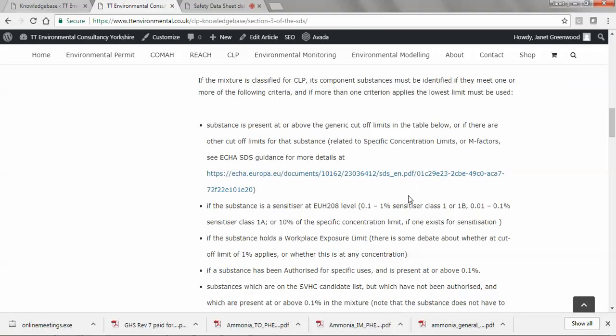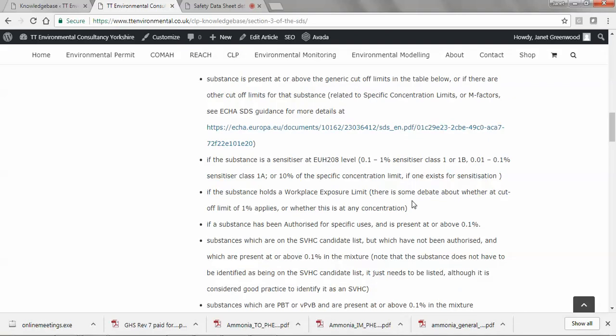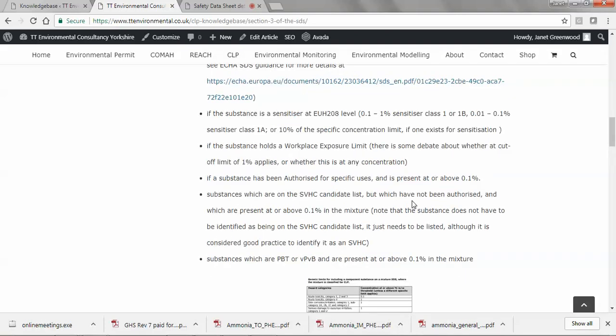If a substance has been authorised for specific uses and is present at or above 0.1%, and substances on the candidate list which have not been authorised but which are present at or above 0.1% in the mixture. The substance, this is a point we were discussing a minute ago, does not have to be identified as being on the SVHC candidate list.